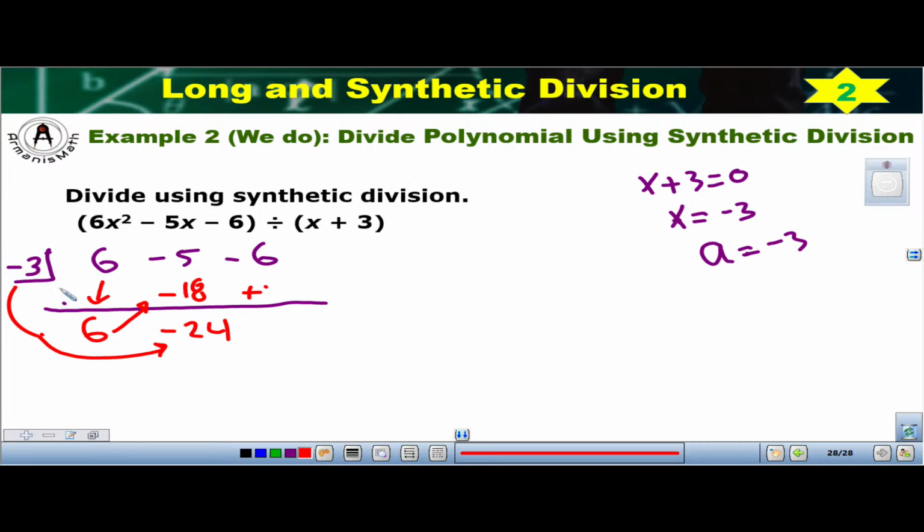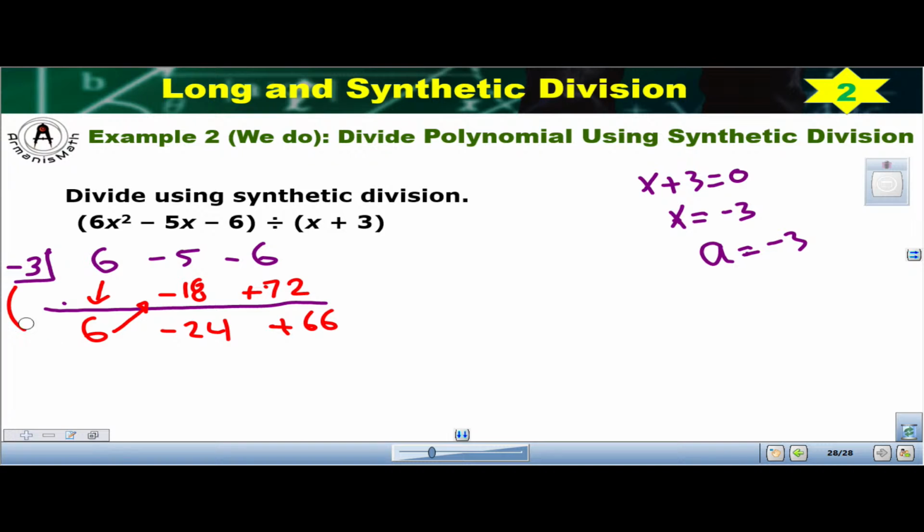How much would 3 times 24 be? 72. What is 72 minus 6? 66. So I got plus 66.